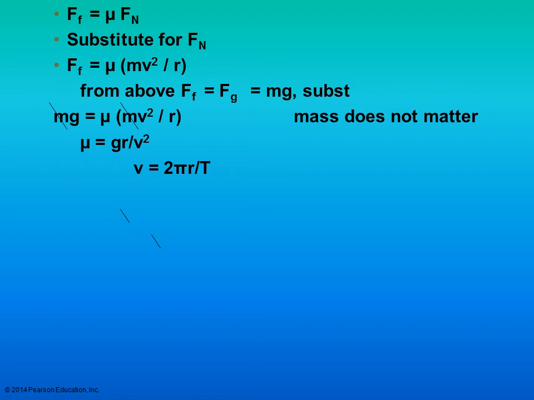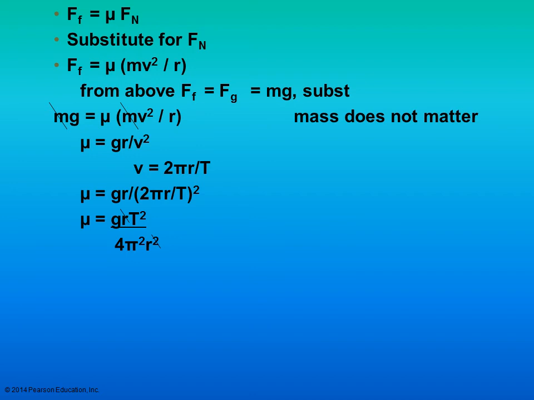V, if you remember, when you're dealing with period, is 2 pi r over T. I'm going to substitute that in because I don't know velocity, but I do know the period and the radius, so I should be able to figure this out. Substituting in for v squared, mu is equal to g times r divided by 2 pi r over T, all squared because of the v squared.